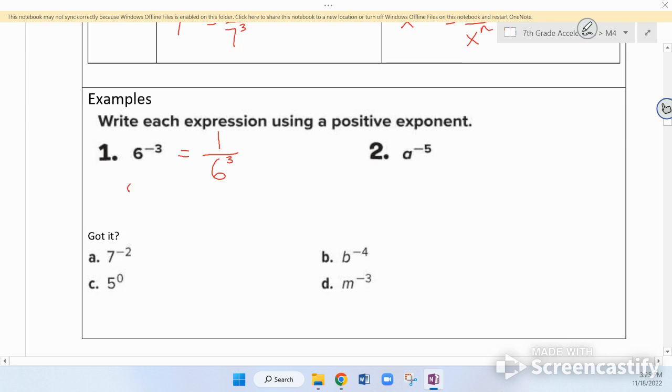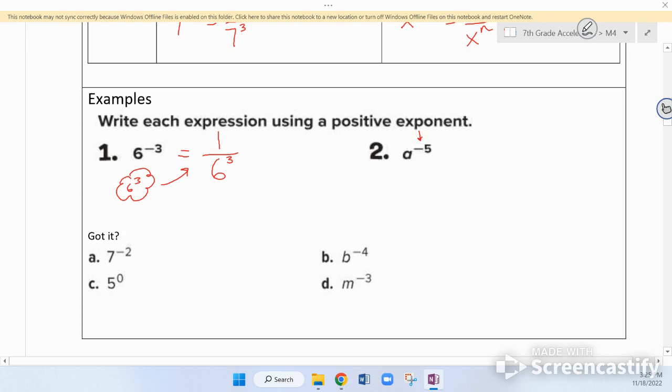So if we think 6 to the third, what's the reciprocal or multiplicative inverse of 6 to the third? Well, that would be 1 over 6 to the third. So two ways to think about it. I like to think of it as repeated division. It just clicks for me better. So this right here doesn't make the answer negative.